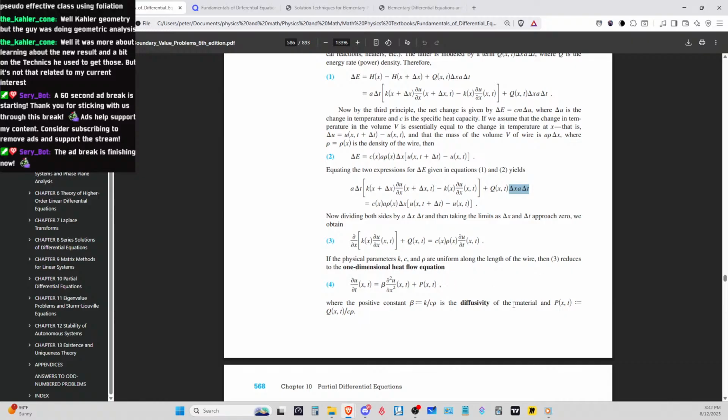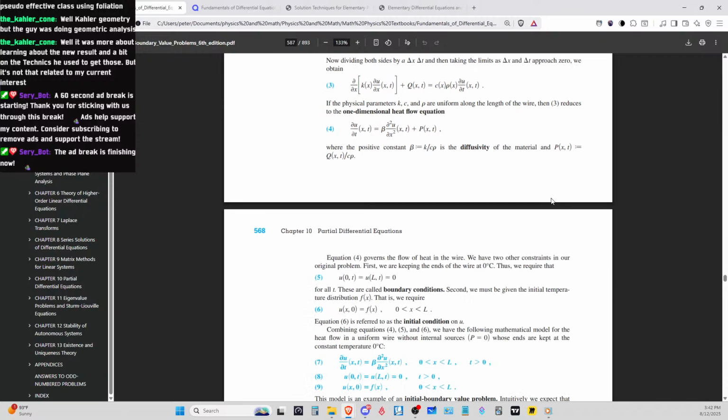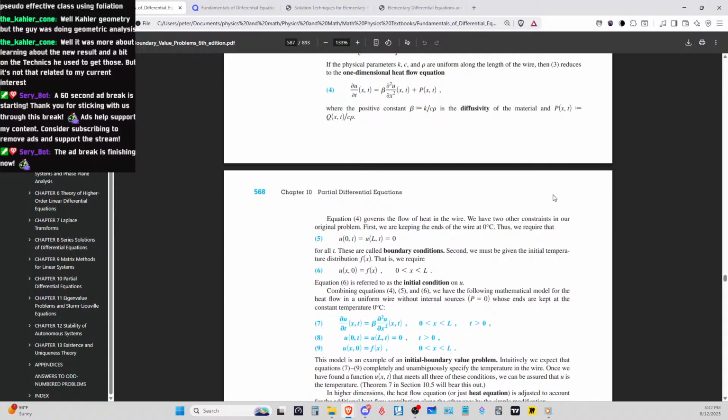So, oh okay, diffusivity, I can't read that, materials, so I have to figure out what that means, and then we're given conditions that must follow. So it goes from 0 to L, that's one condition.